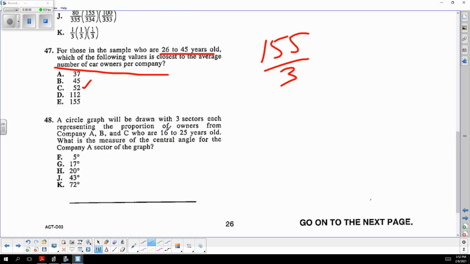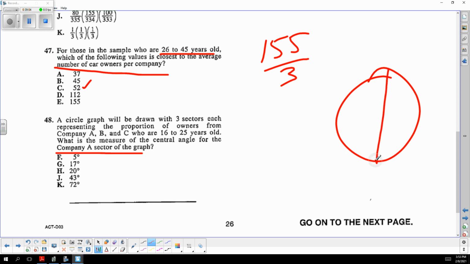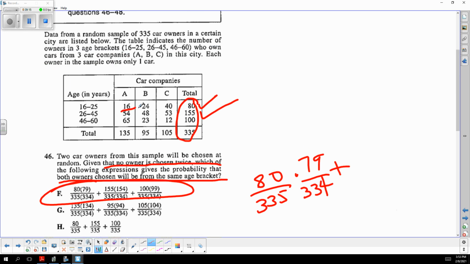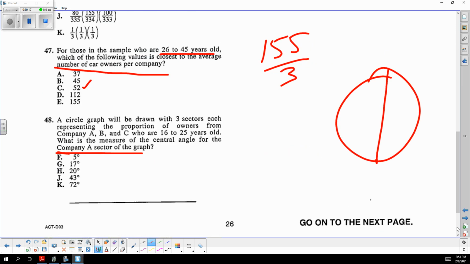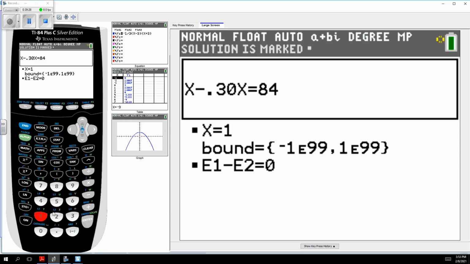A circle graph. So how big is the angle sector? It's of 360 because there's 360 degrees in a pie. You cut it in half, each pie would be 180 degrees. So the 16 through 25, company A would be 16 out of 80. So it's 16 out of 80 of 360. If you multiply that, the of 360, it'll give you the answer.